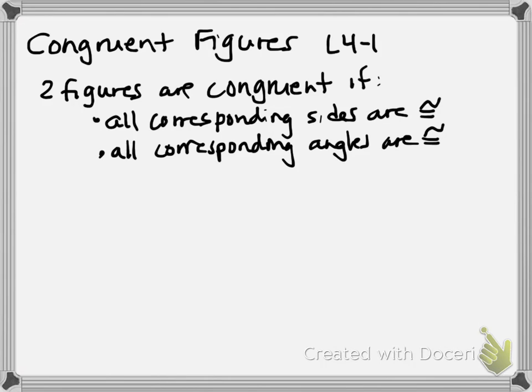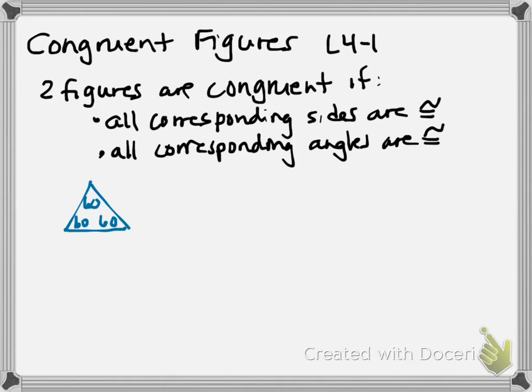It's not enough to have congruent angles to say that they are congruent figures, and I'll give you a prime example. Okay, what kind of triangle did I just draw? Equiangular.